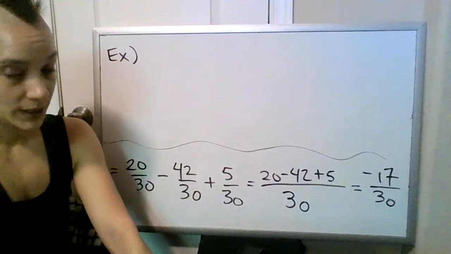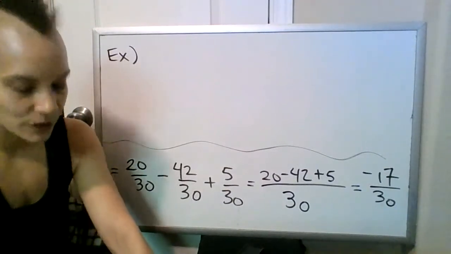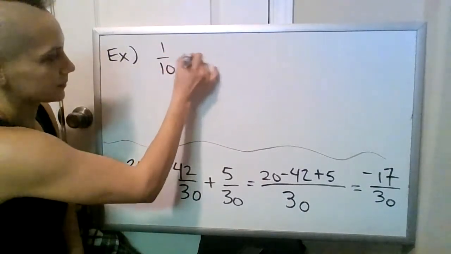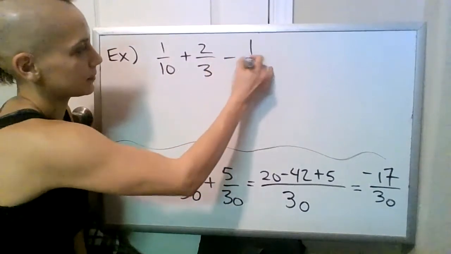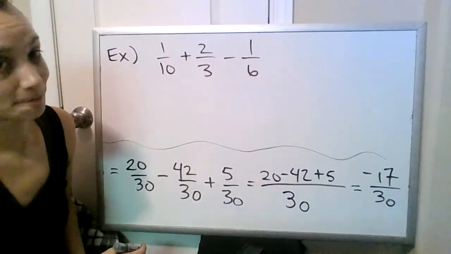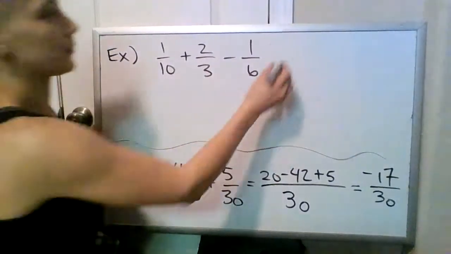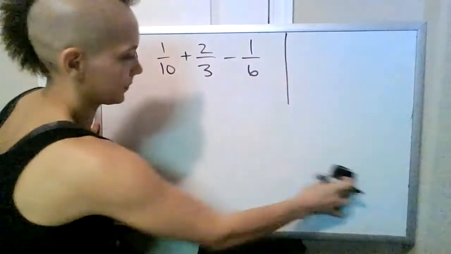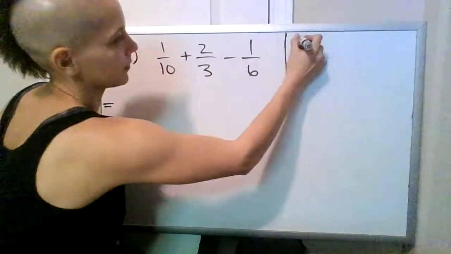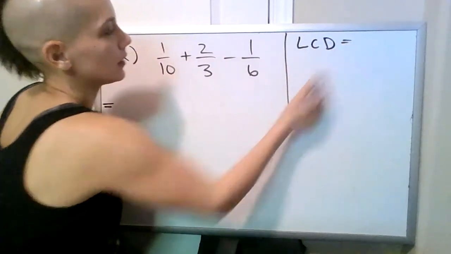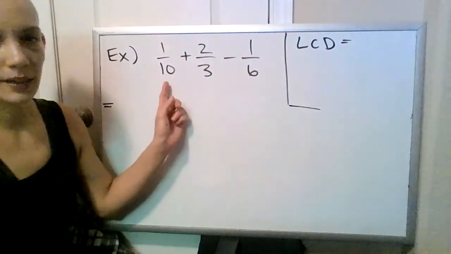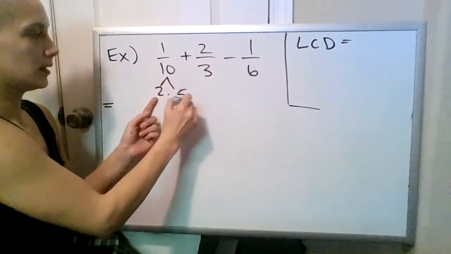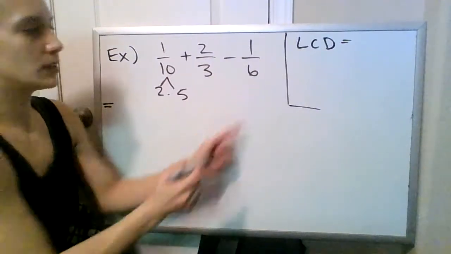So we will take 1/10, add 2/3, subtract 1/6. So factor every denominator. 10 will be 2 times 5. 3 is factored. 6 is 3 times 2.